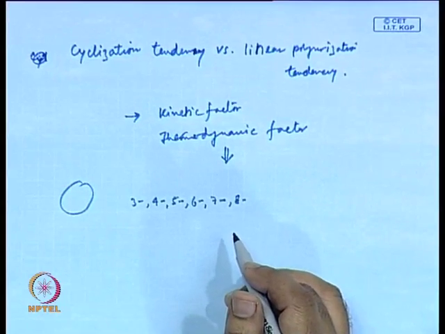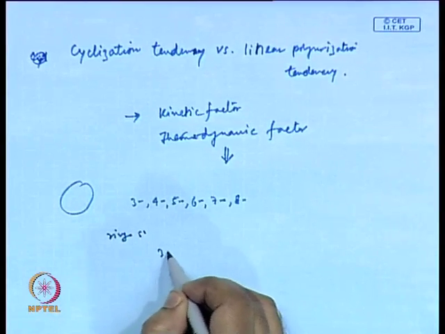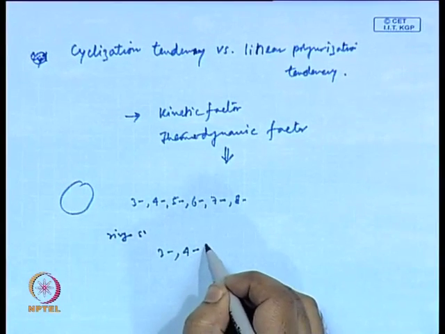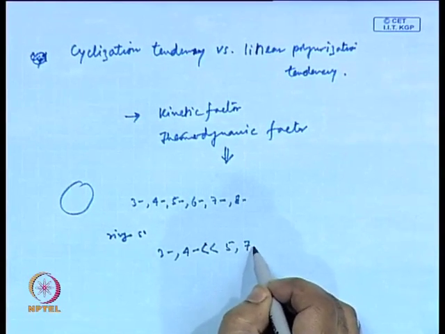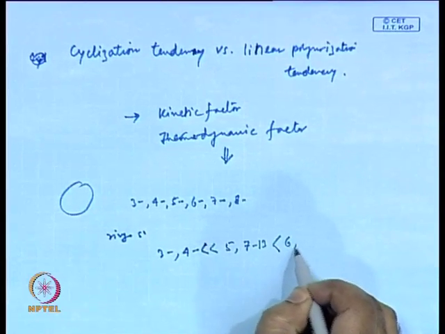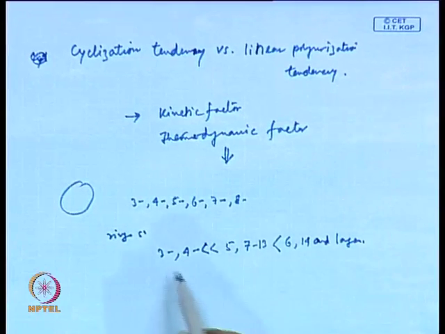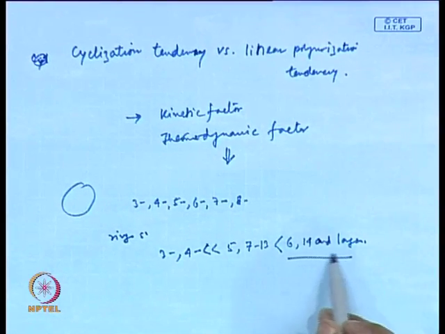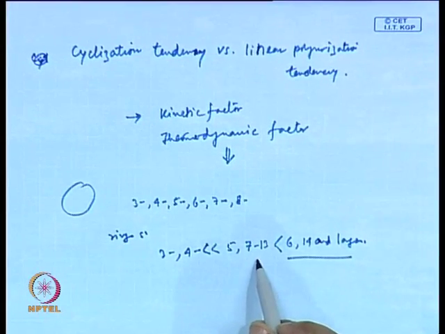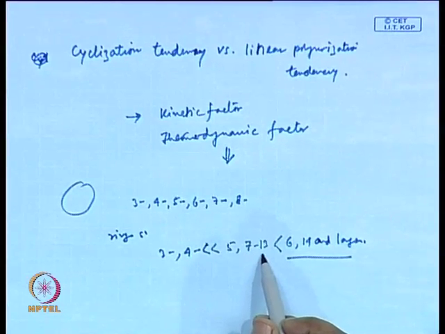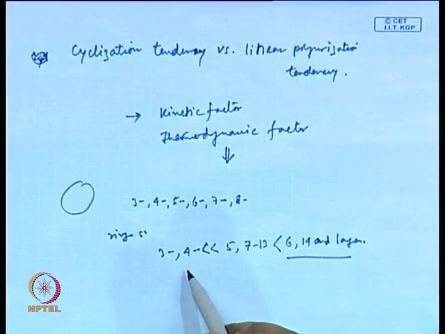So, comparing ring sizes, 6, 14 and larger are the most stable rings, then 5 and ring sizes between 7 and 13, and the least stable are the 3 and 4 ring sizes.